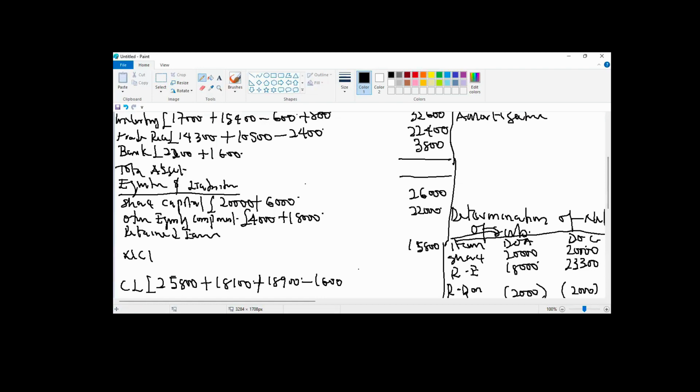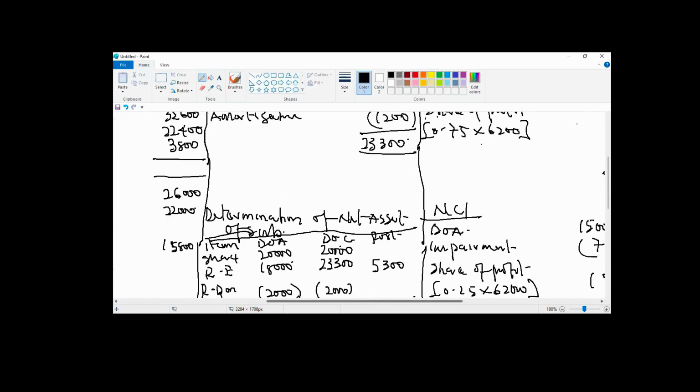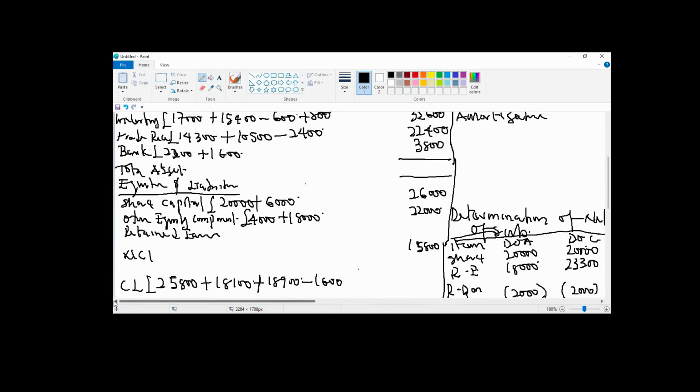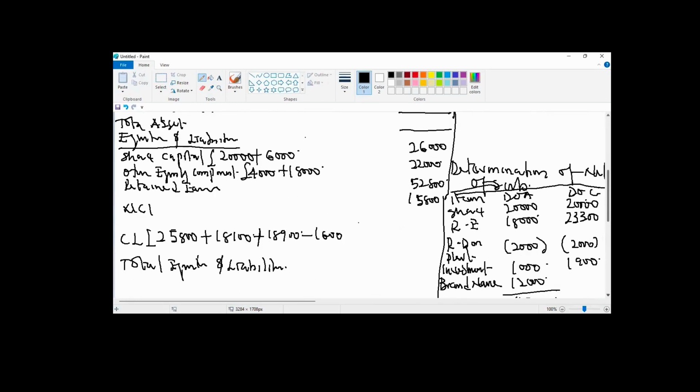Retained earning, 52,800. Then the current liability: 25,800 plus 18,100 plus 18,900 minus 16. 61,200.